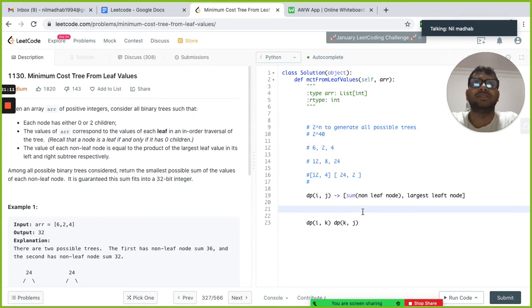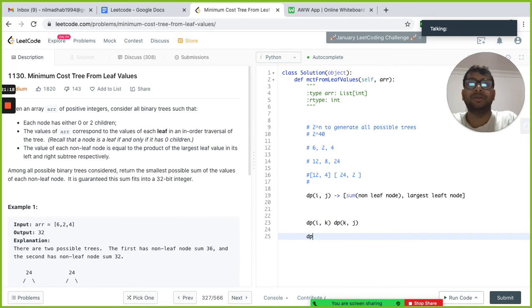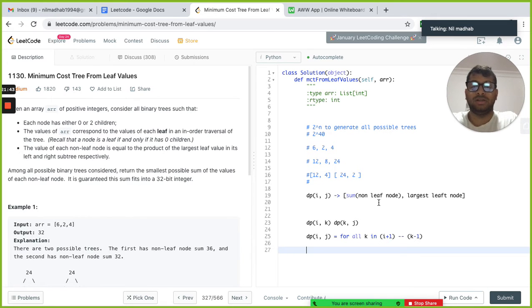So suppose dp of ik 0 is the sum, so dp of ij will be, for all k in i plus 1 to j minus 1, dp of ik 0 plus dp of k plus 1 and j 0, right?